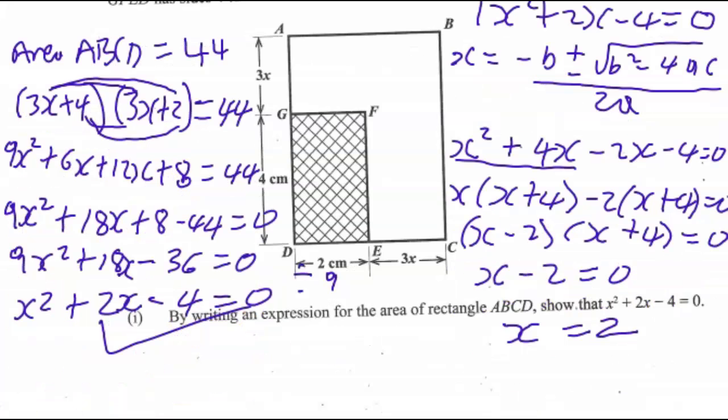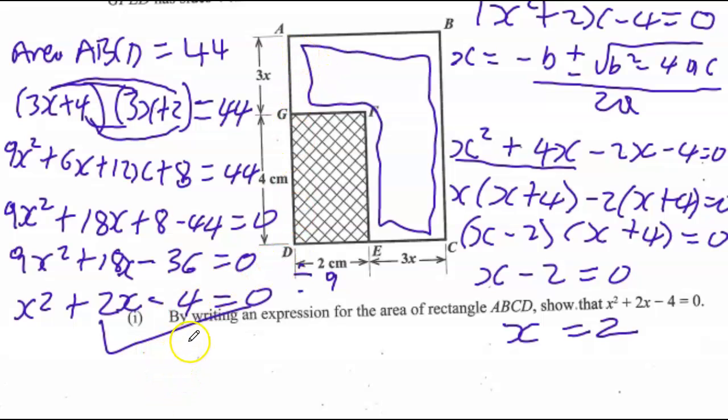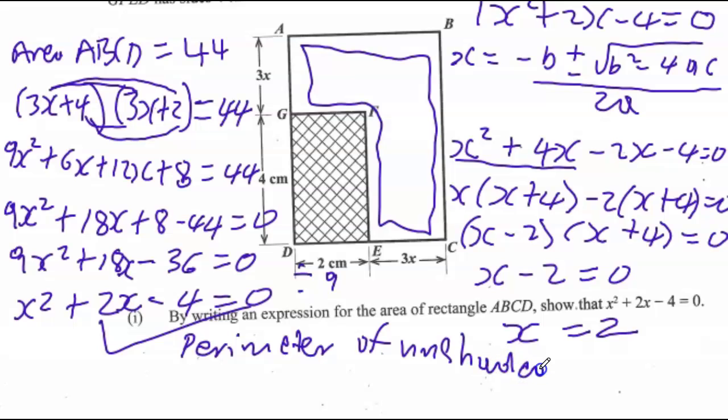And the final section to this question was to find the perimeter of the unshaded region. This unshaded region would be this region. Now the perimeter for the unshaded region would be, let's check it now.